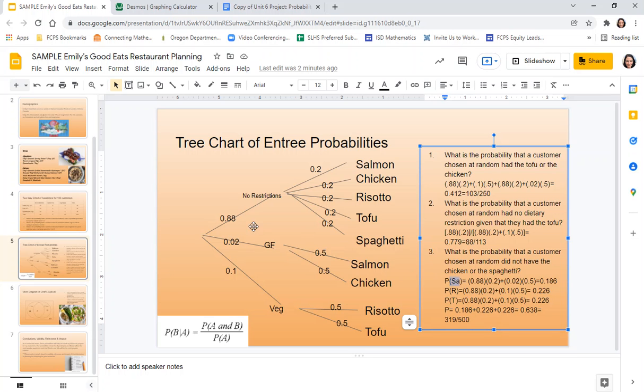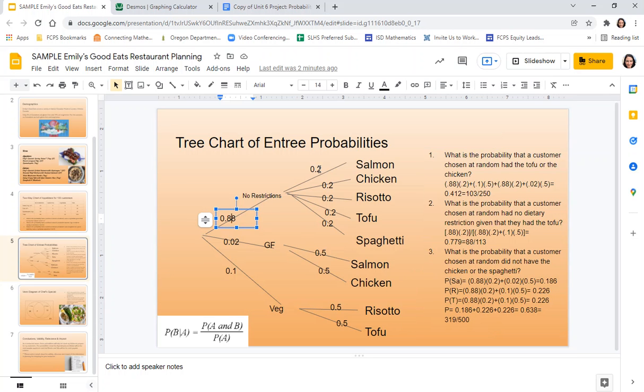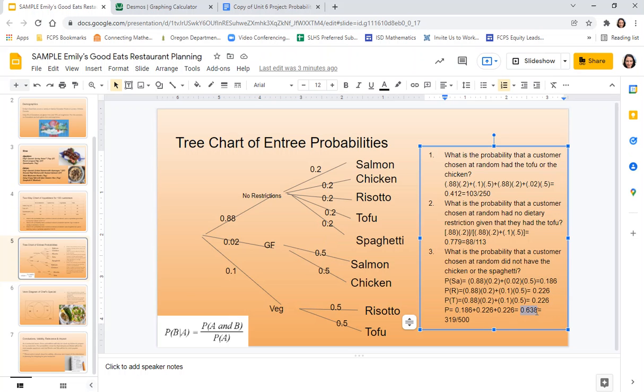The salmon could have been no restrictions times 0.2, or it could have been gluten-free times 0.5. And the risotto and the tofu also had more than one way to find that. Then once I found the probability of each entree, I added them up to find the probability that a customer did not have the chicken or the spaghetti.